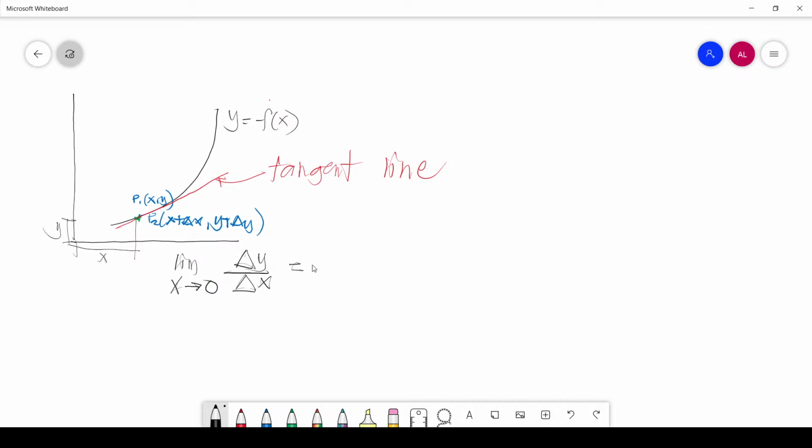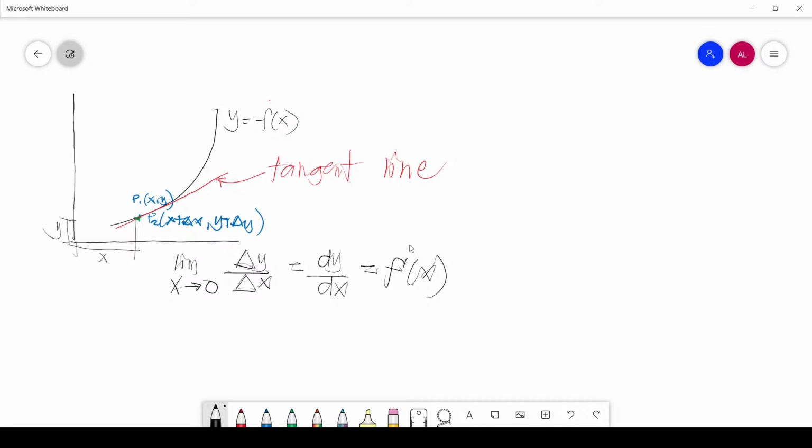This could also be written as dy over dx, or the derivative of y in terms of x. Then this could also be written in the form f prime of x.